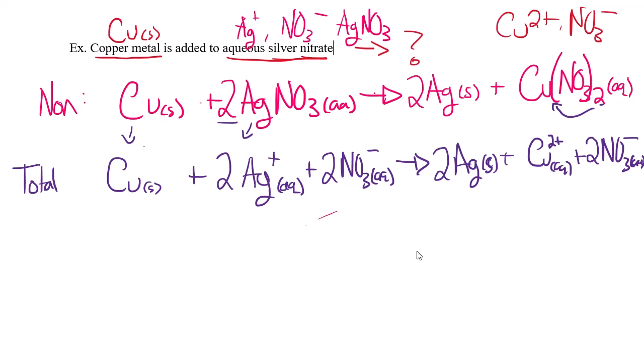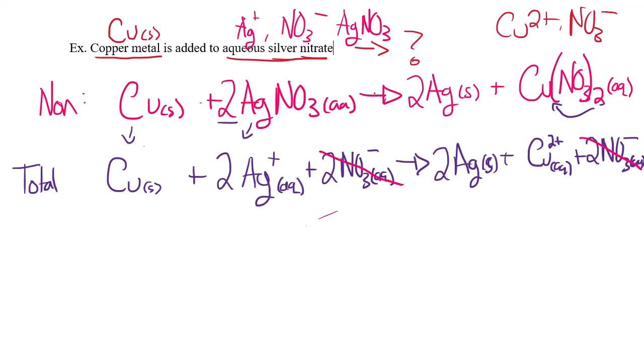So now I look for my spectators. Remember, the charge has to stay the same and the state of matter has to stay the same. If both of those things stay the same, then it's a spectator. Let's look at my copper. Started out as a neutral solid, ended up as an aqueous ion, so it definitely changed. It's not a spectator. Silver started out as an aqueous ion, ended up as a neutral solid, so it changed too. The nitrate started out as an aqueous ion and ended up as an aqueous ion, so there's my spectator.